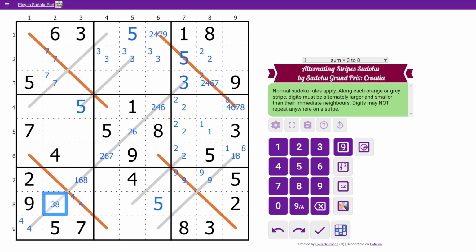No, 1 could still go there. 7, 6, 5, 4, 3, 2, 1. If it was 1, 3, it could be a 4, or a 6, or an 8. Nope. If it was an 8, it could be a 6, or a 1. So that is every option there.